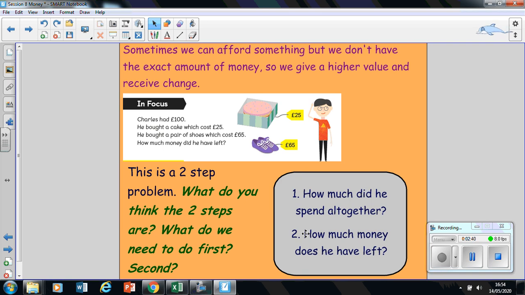And then the next step is to think about how much money he's got left. Now, what kind of mathematical operation would you have to use if you're thinking about what's left or what is remaining? Have a think about that before we move on.